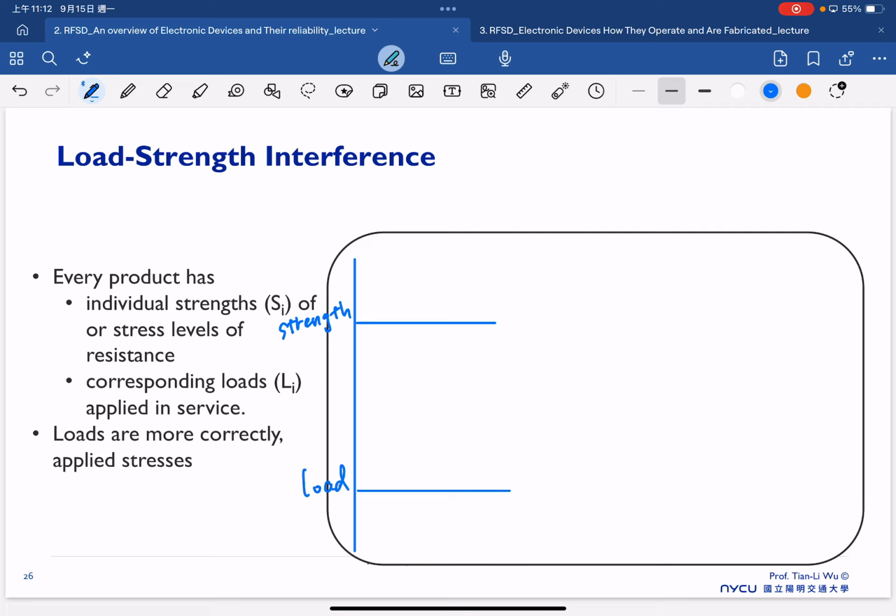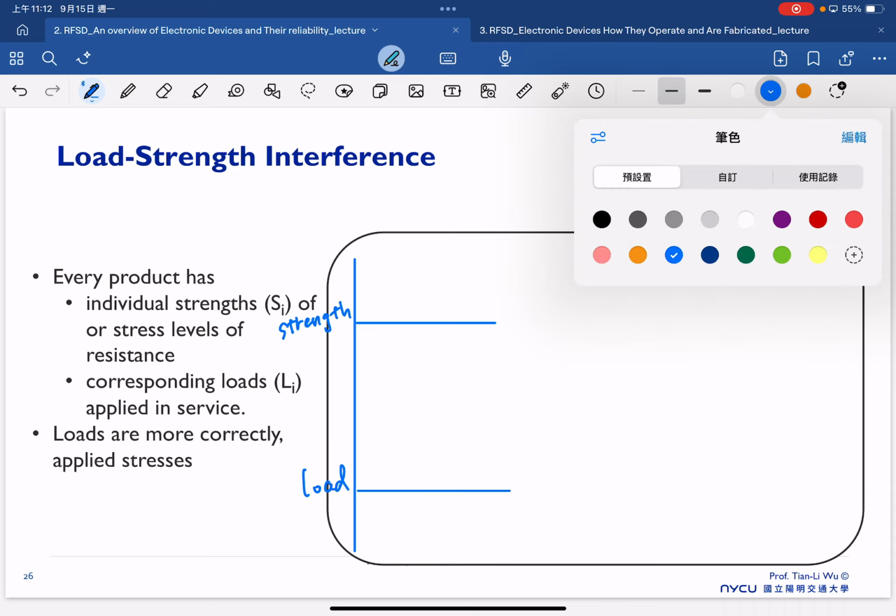The strength means the robustness, the quality, or the good state of one product, and the load is the one that has reached certain issues.